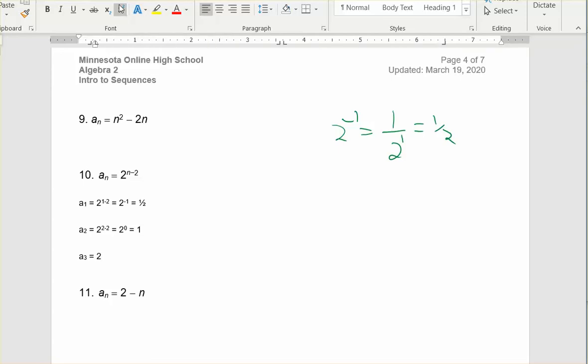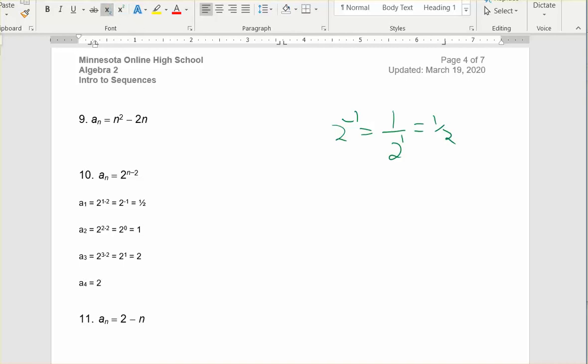So this would be 2 to the 3 minus 2. And 3 minus 2 is 1, so this would be 2 to the 1 power, but that's the same as just 2. Put the fourth one on here as well.